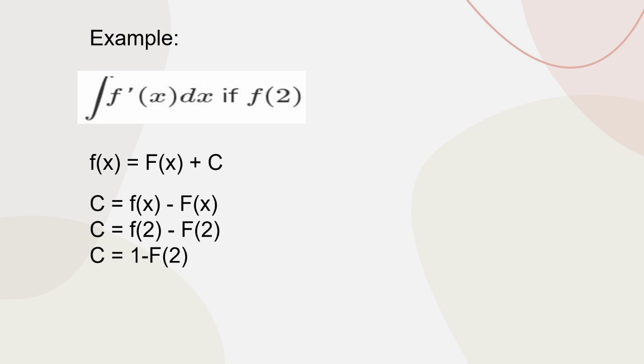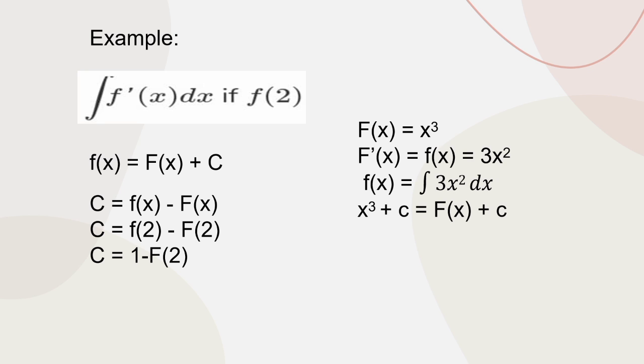However, for many students, it is very difficult to do this abstractly. So let's look at a concrete example. So F(x) equals x cubed to match your variables, or f(x) equals 3x squared. So, F(x) equals the integral of 3x squared dx, x cubed plus c is equal to F(x) plus c.